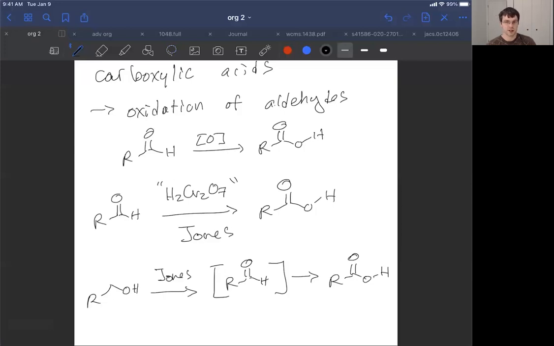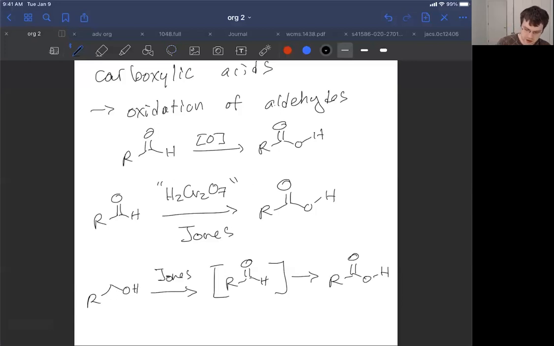It's not too hard to do with some sort of bleachy type reagent and a primary alcohol. Now, I know we saw that bleach didn't actually convert it, but the thing I want to get across here is people aren't using Jones oxidation, but they are thinking about this transformation. That's why I still like to show this old school transformation, not because I expect you all to go and grab the Jones reagent, but I want you to think about a way to make carboxylic acids through an oxidation of an alcohol.